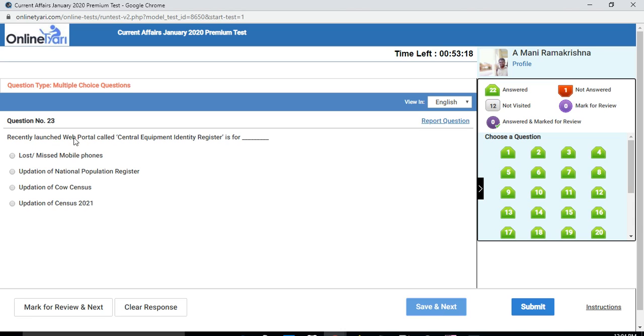Recently launched web portal called the Central Equipment Identity Register, CEIR. The Equipment Identity Register.